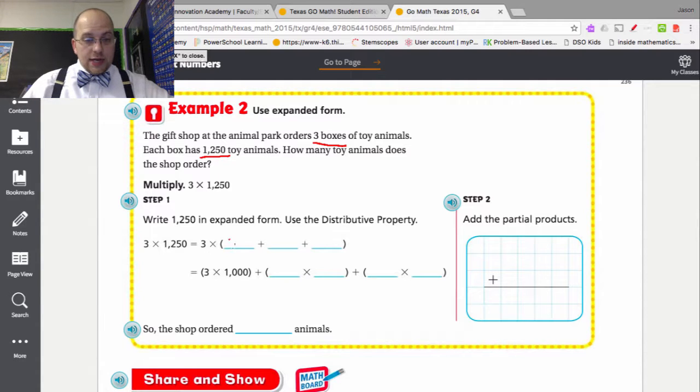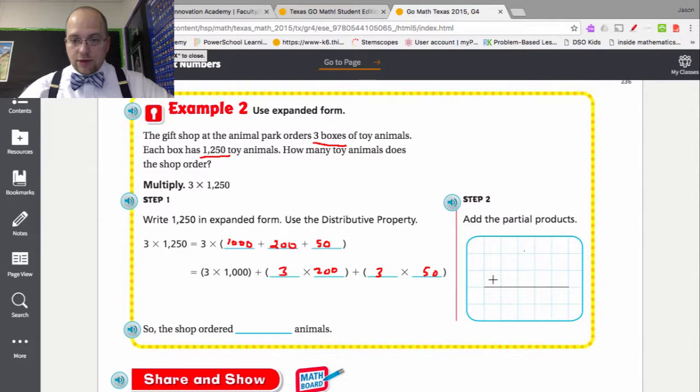So 3 times 1,000 plus 200 plus 50. All I did was write that number again in expanded form. That's 3 times 200 there. We've already written our 1,000. And here's 3 times 50.